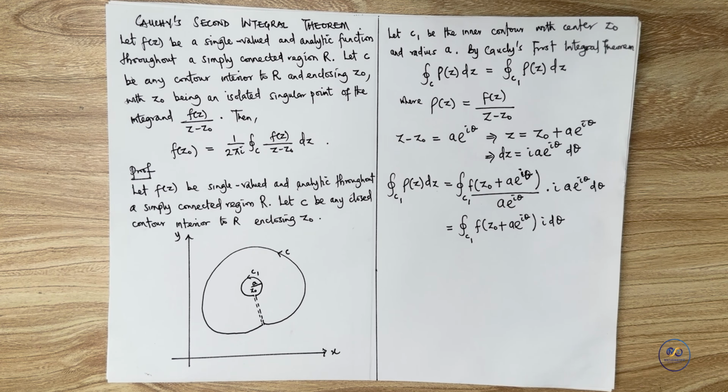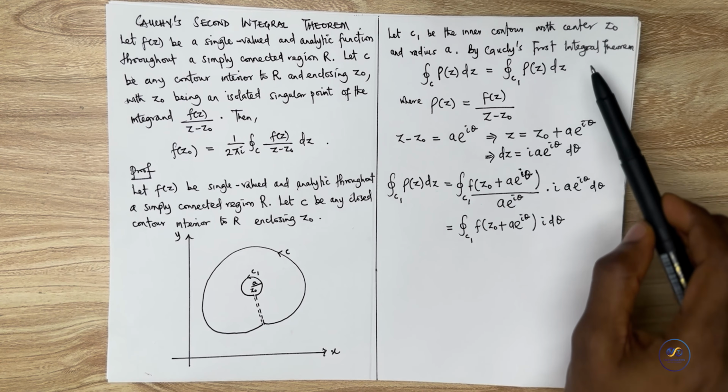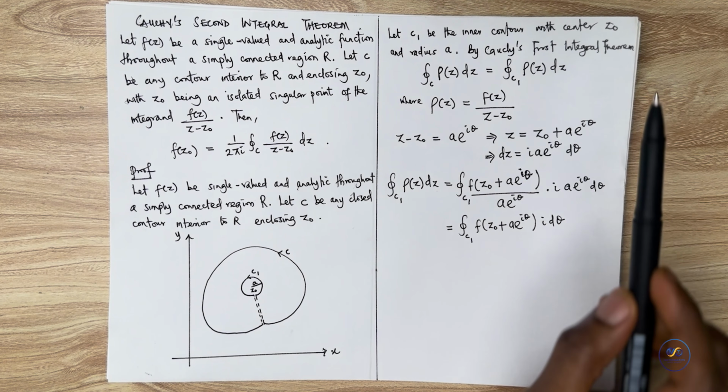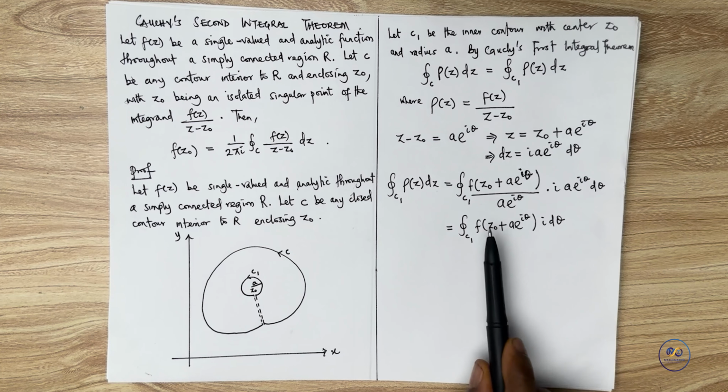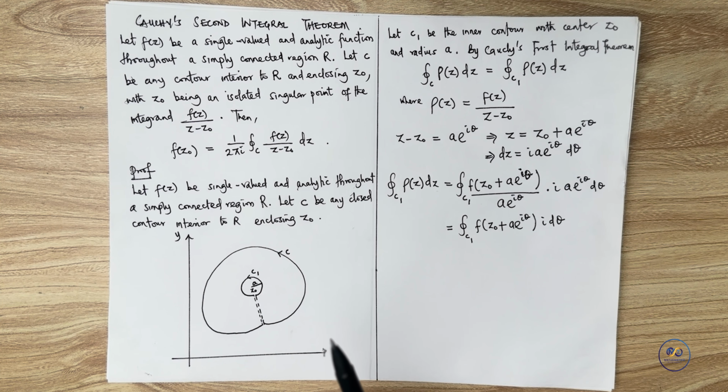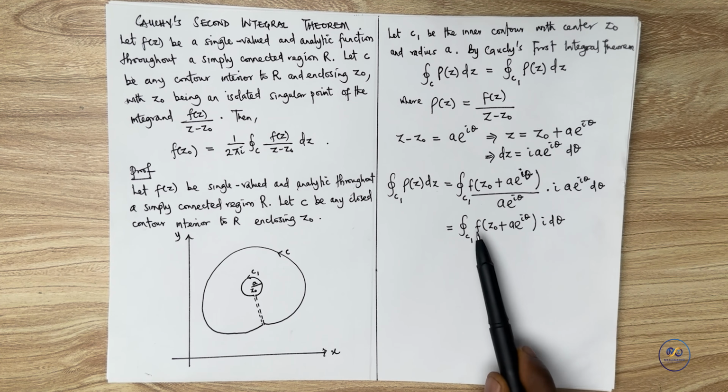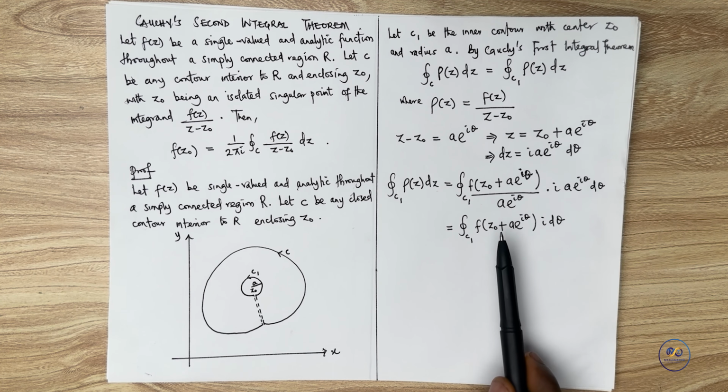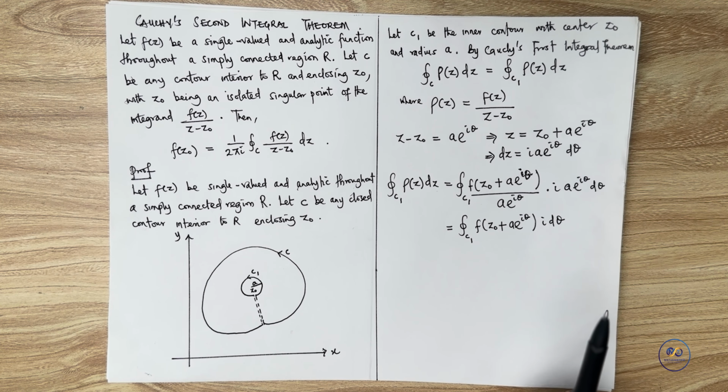Now, let's put all of this into consideration and see what we have all at the same time. Now, remember that by Cauchy's first integral theorem, we have said that the integral over C1 is the same thing as the integral over C. So from here, I can make my inference that this integral I have here over C1 is in fact going to be the integral over the entire C. Now, let's put that all together for a minute and see exactly what we would have.